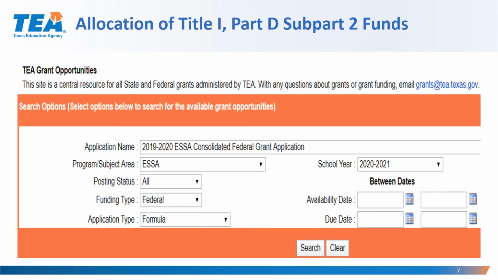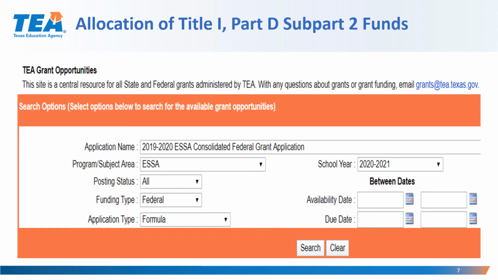Information on accessing the eGrant system is detailed on the TEA Secure Applications webpage. General information and a sample application are available at the TEA Grant Opportunities webpage. For detailed information, search by the grant application name.